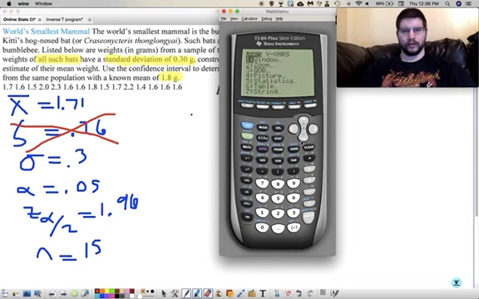So I'm just going to take X bar, and I'm going to store that to A. Actually, you know what? I like storing it to X on the TI because I don't have to push the alpha button. So there we go. Now I'm not worrying about rounding.